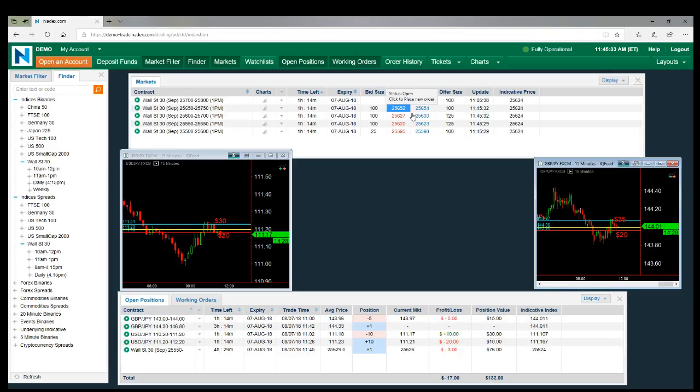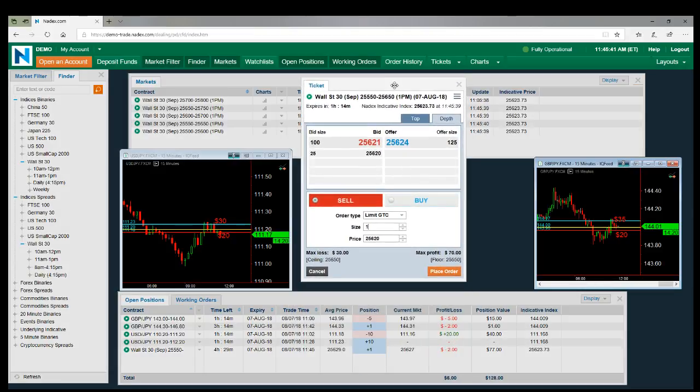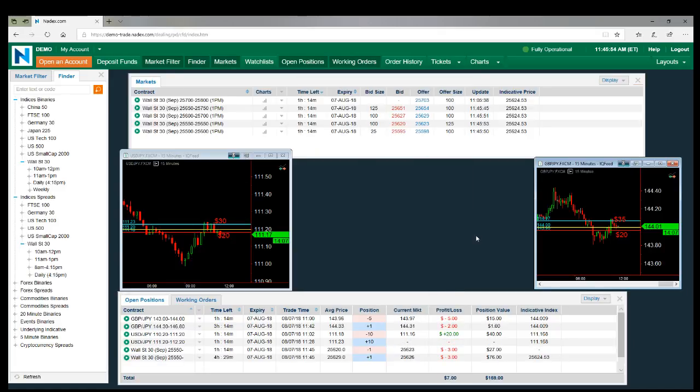Now, just in case it goes against me, I want to find one that would be low risk, number one, but would cover me in case it goes against me. So in this case, the only one available would be the 25,550 to 25,650. It has $30 of risk versus 70 in profit, but that's okay. I'm just using it to cover. Does that make sense? So my directional is to the upside.